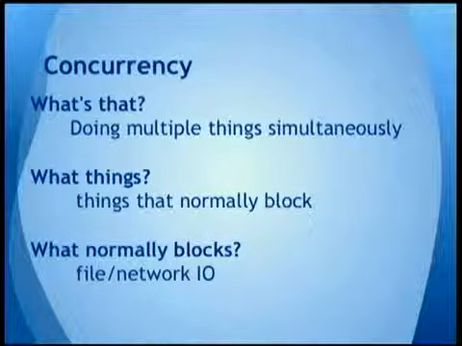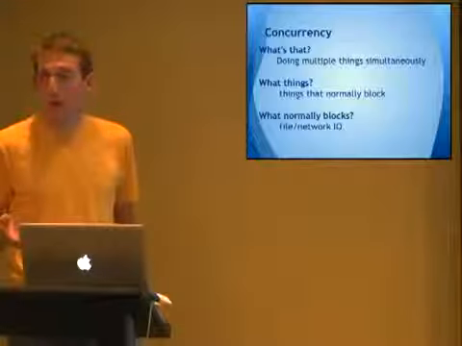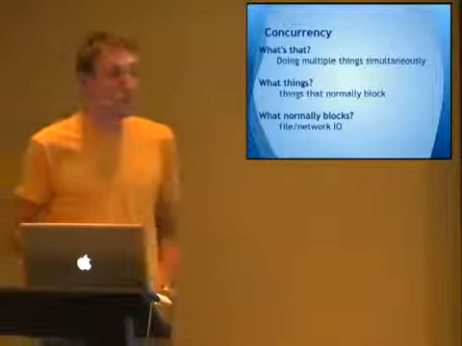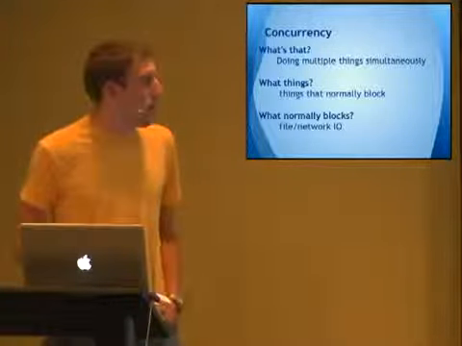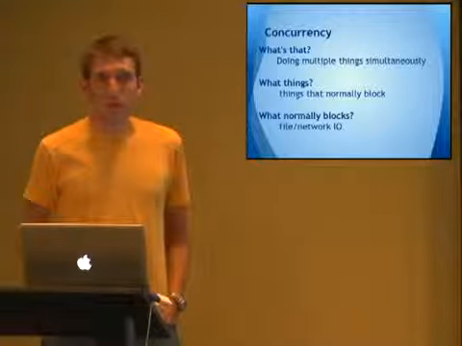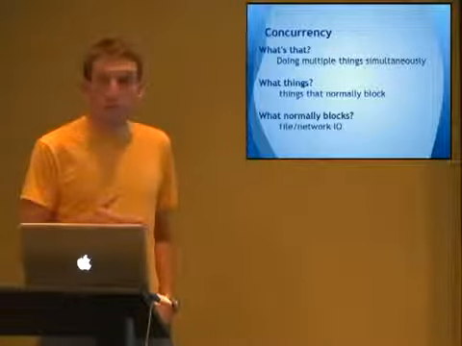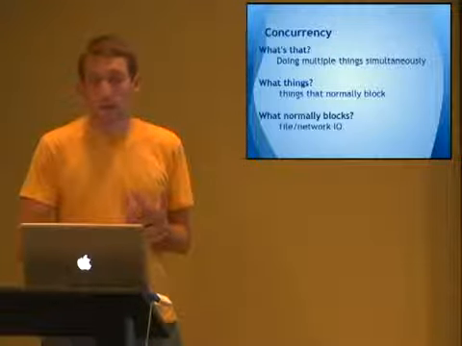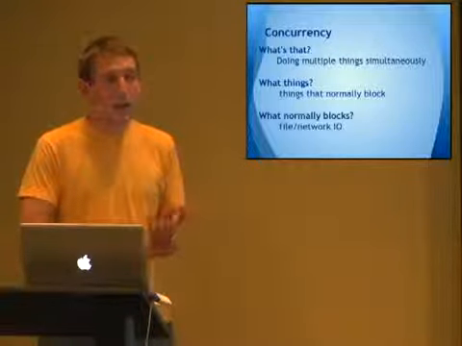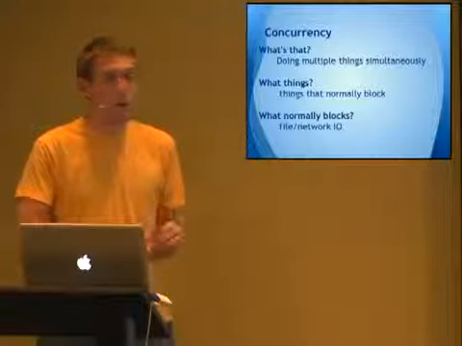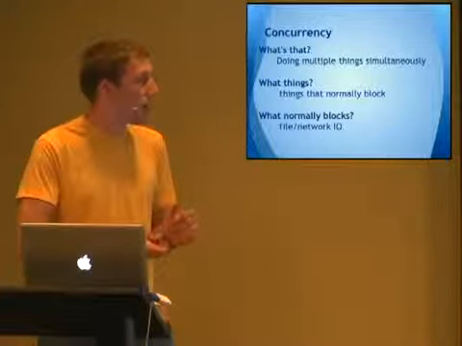If you want to run a web server, for example, you have to be able to take more than one request at the same time, or else you're going to have a pretty hard time serving a large number of people. More specifically, you're trying to get around the problems when you have blocking. Things that normally block would be file access, file read and write, or network access, network read and write.